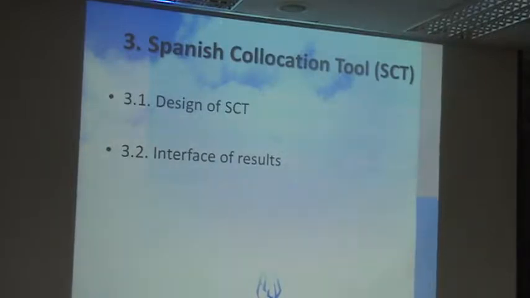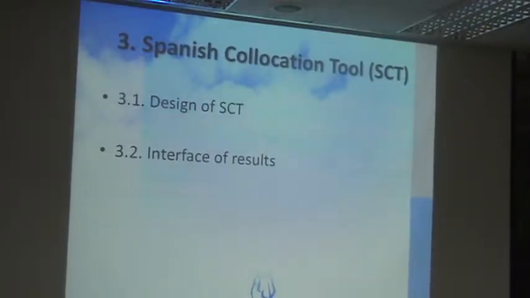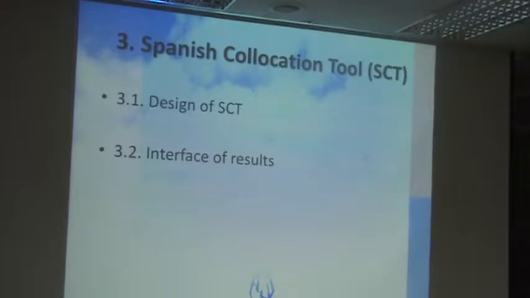Okay, so in section 3, I will talk about the Spanish collocation tool developed by our team. The full name of our team is Web Mining and Multilingual Knowledge System Lab in the Department of Computer Science and Information Engineering at National Cheng Kung University in Taiwan.